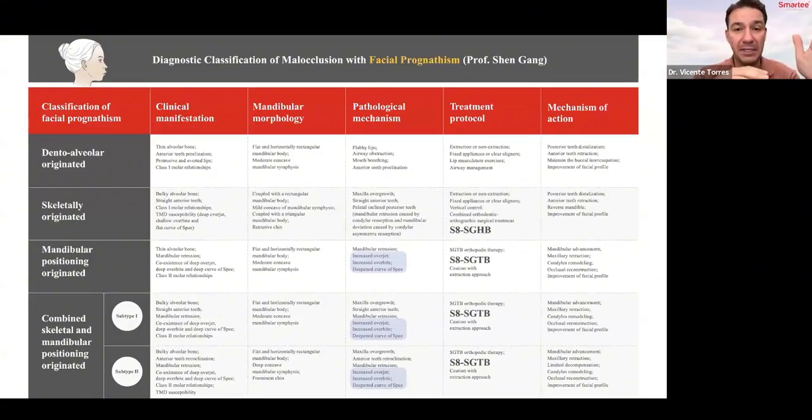And if from the beginning we have normal overbite and a normal or flat curve of Spee, we need to use the HB. This is the summary of this classification. Increased overbite, increased curve of Spee, twin block. Normal overbite or no increased overbite, and normal or flat curve of Spee, HB.